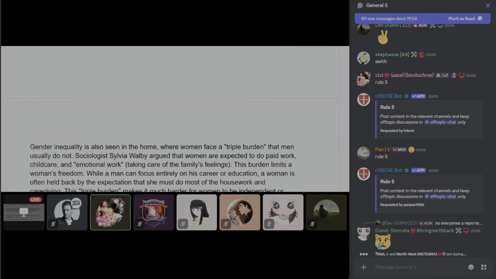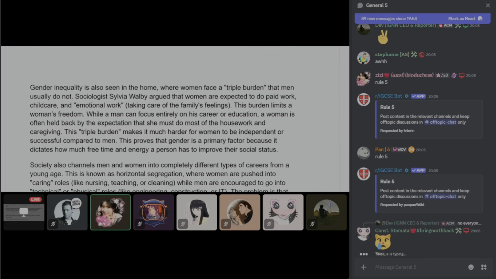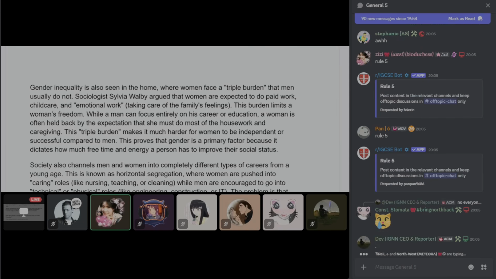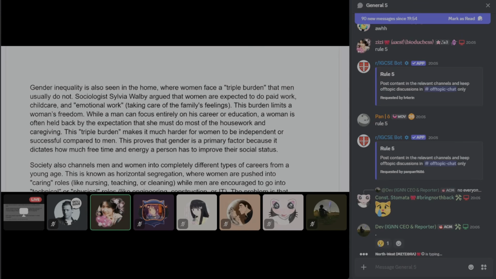So the second point I chose was gender inequality is also seen in the home, where women face a triple burden. Someone mentioned triple burden before, that men usually do not. Sociologist Sylvia Walby argued that women are expected to do paid work, childcare, and emotional work, which is taking care of the family's feelings. This burden limits a woman's freedom, while a man can focus entirely on his career or education.